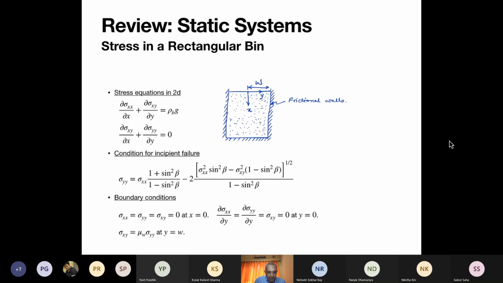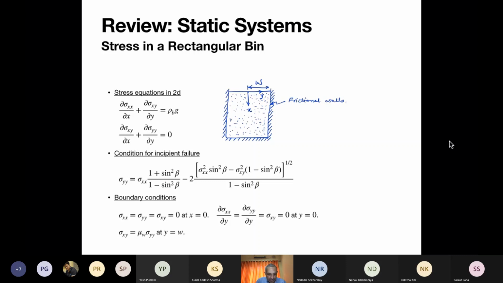And then we showed that if you have incipient failure everywhere, that is sigma max by sigma min is equal to K, then that gives you an expression for sigma YY like this in terms of the angle of internal friction, beta, sigma XX and sigma XY. So now you have three unknowns, sigma XX, sigma XY and sigma YY, and you have three equations. So we can always get a solution to this.